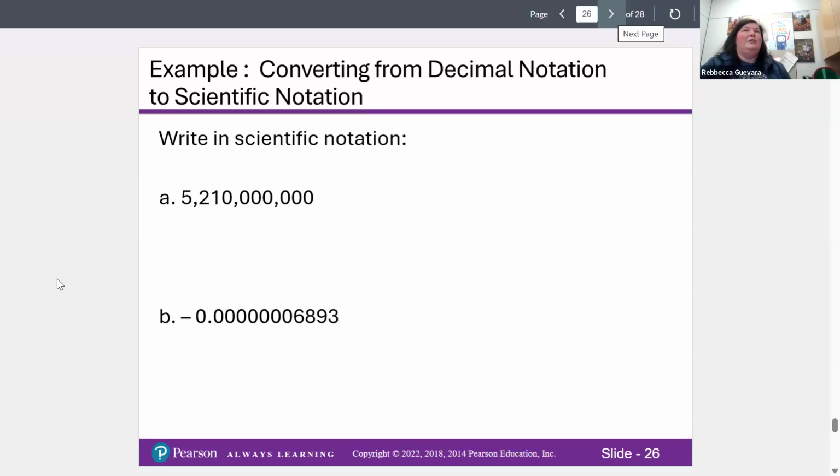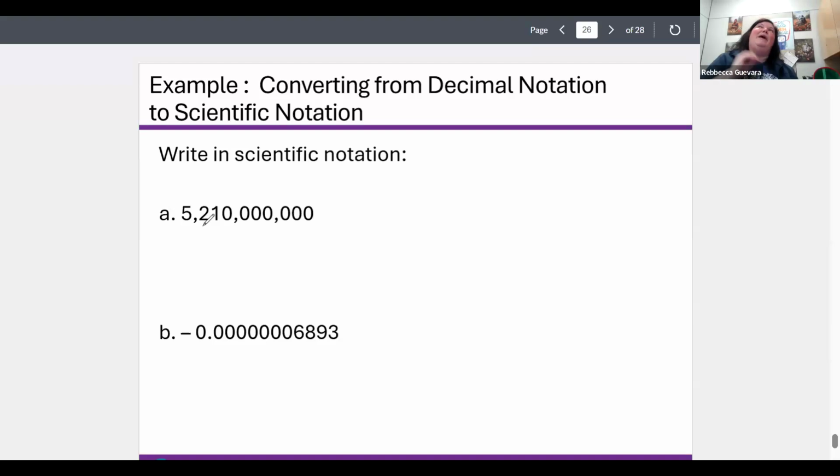So we want to convert the following from decimal notation to scientific. The best way to think about this is that positive powers mean big numbers, negative powers mean we have small numbers. I know it's going to be 5.21, because I want to make sure that decimal place goes right here.